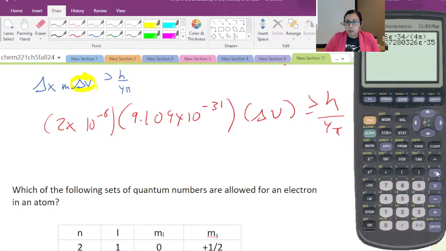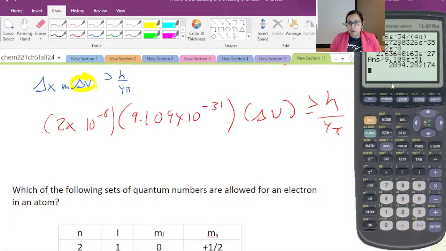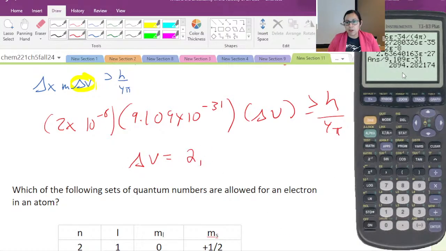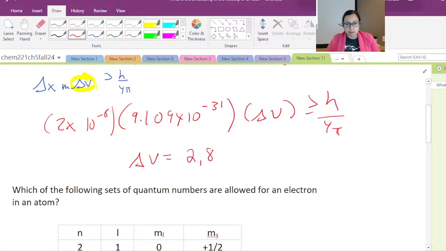And then divided by. All right, so now we should have something like this. So basically the uncertainty in our velocity is 2,894 meters per second. So that's our unknown factor, our margin of error, essentially.